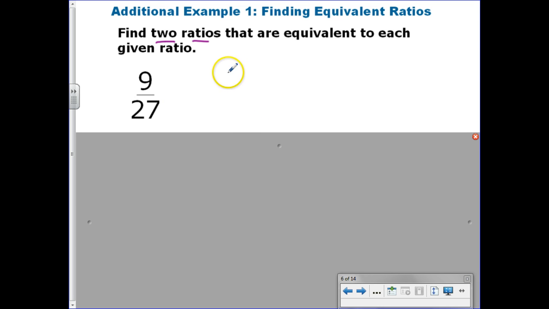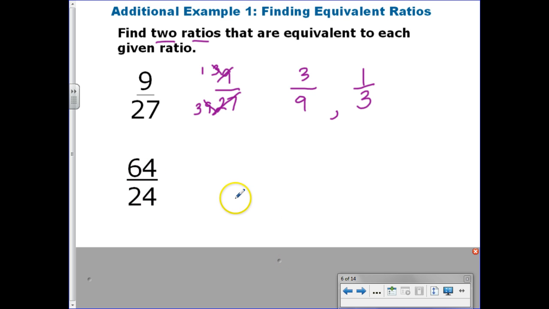Well, gosh, if I'm thinking in my good old simplify mode, both of these have a 3 as a factor, and if I divide a 3 out of each, I could say 3/9 works. There's a ratio that's equivalent. I could divide by 3 again, and in simplest form I also get 1/3. Very cool.